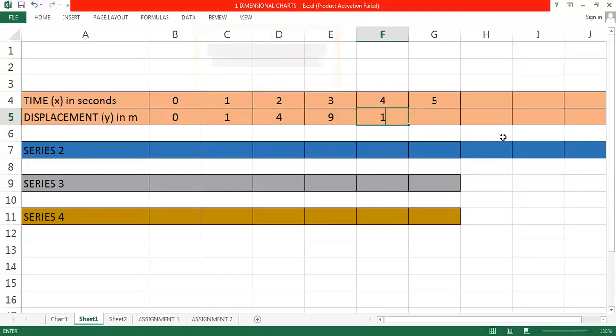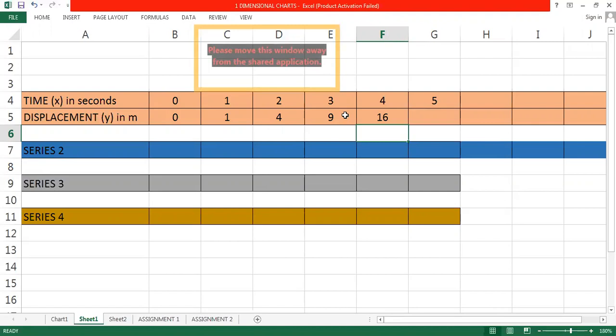After 4 seconds, the object has covered 16 meters. Means in the fourth second, only during that time period of 1 second, it has covered 7 meters. And after 5 seconds, the total distance is 25. Means during the fifth second, the object has covered 9 meters.